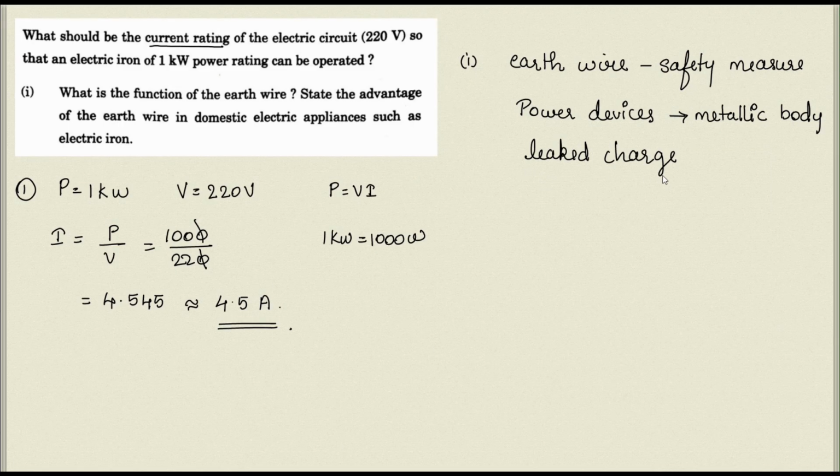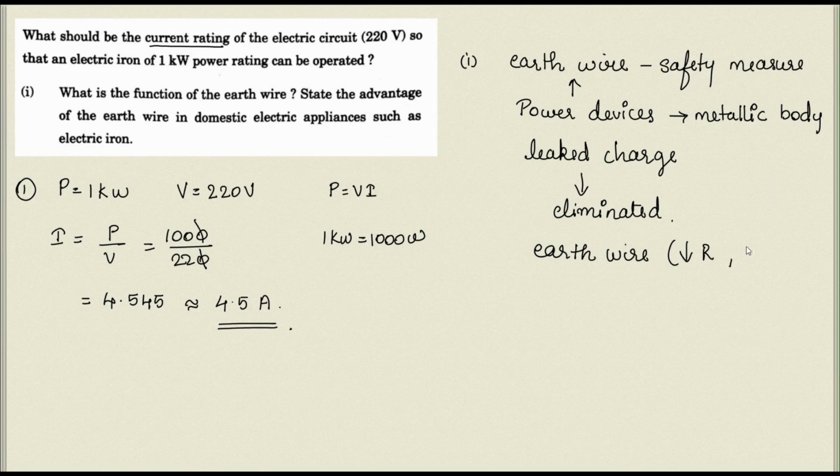So it will lead to great danger, right? So in order to avoid that situation, we can connect the power devices using an earth wire. Why? The leaked charges or that extra charges developed in the metallic body can be eliminated through this earth wire to earth. How? Earth wire is basically a low resistive path for electric charges. So earth wire has less resistance.